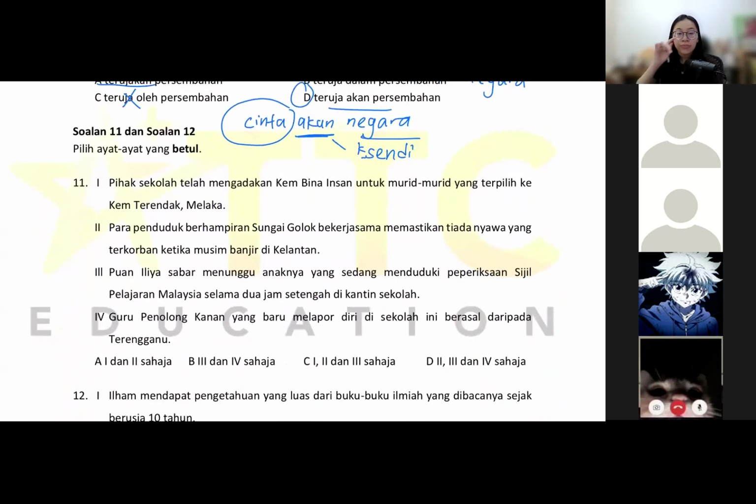Okay, number 11. Pihak sekolah telah mengadakan kem bina insan untuk murid-murid yang terpilih, chosen, ke kem terendah Melaka. This one is correct or wrong? Correct, you put the slash.